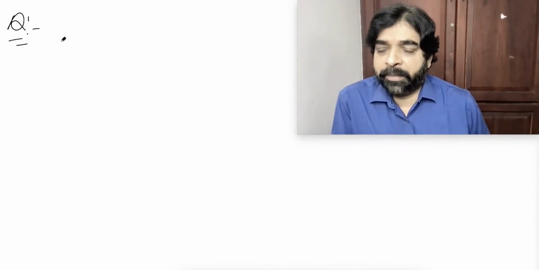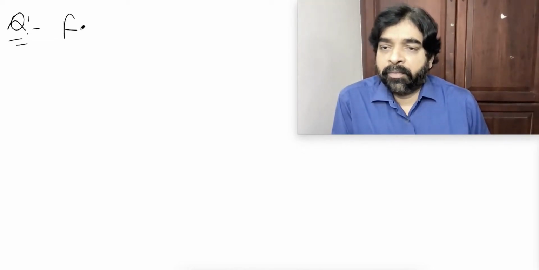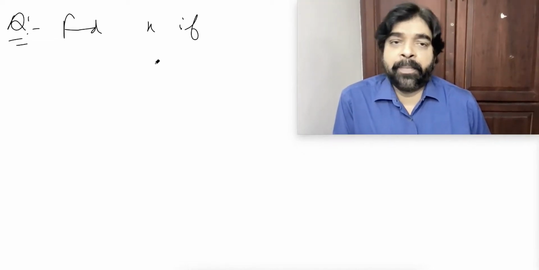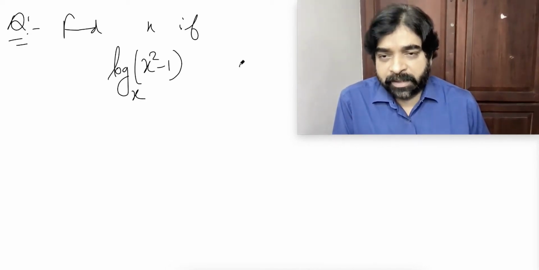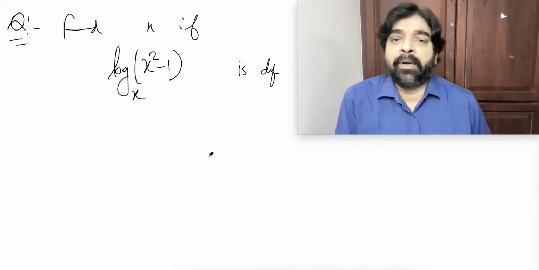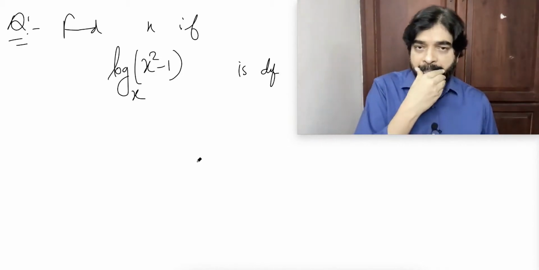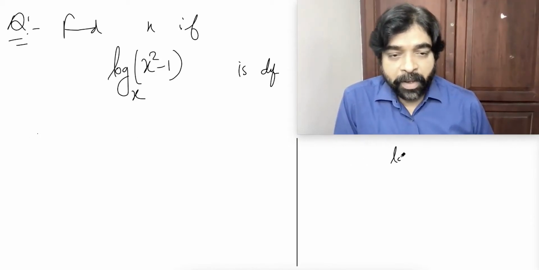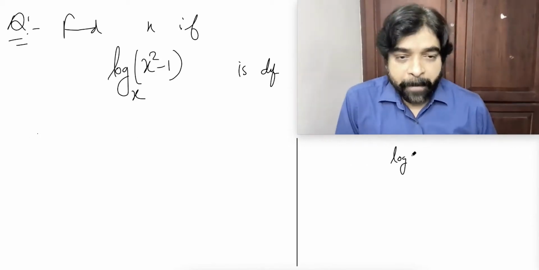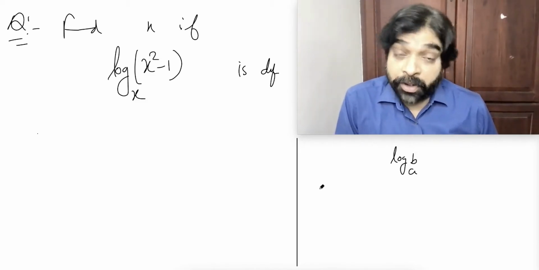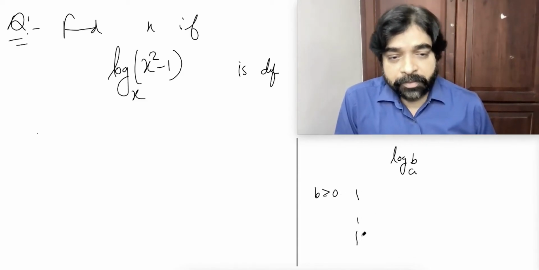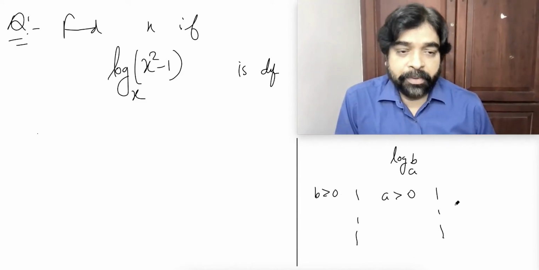I am changing the style a little bit in the question. Find x if log of (x² − 1) base x is defined. Look here. Listen to me everybody: log of b base a is defined when three conditions hold: b greater than 0, a greater than 0, a not equal to 1.